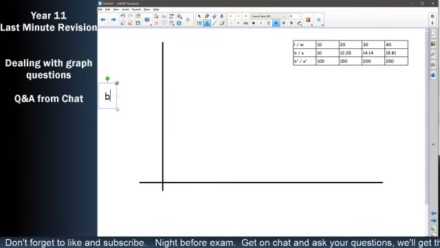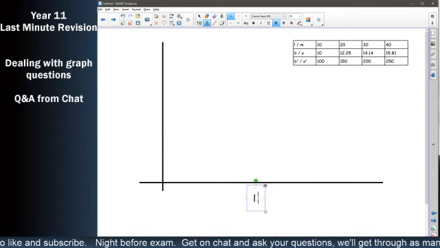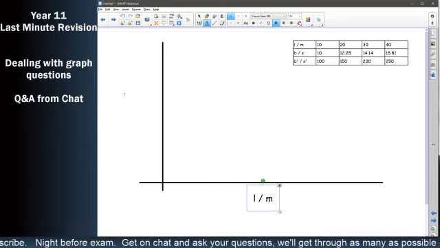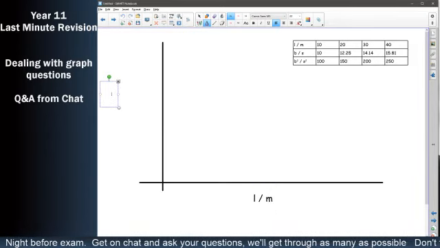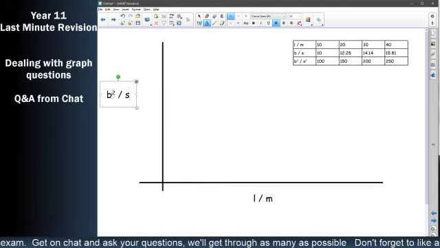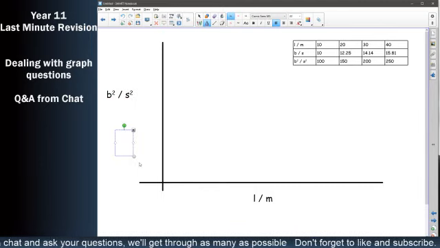Actually they wouldn't give you both, they'd give you L in meters here, because if they gave you the x-axis and the y-axis they'd give away the B squared one. So up here we're going to have B squared, and you'll be left to fill in the seconds squared bit yourself. And you'll be directed to do that.